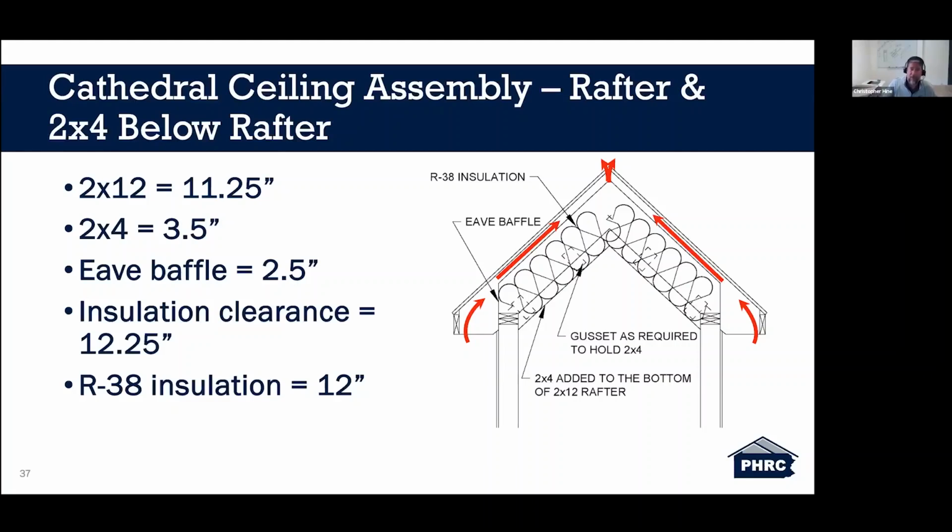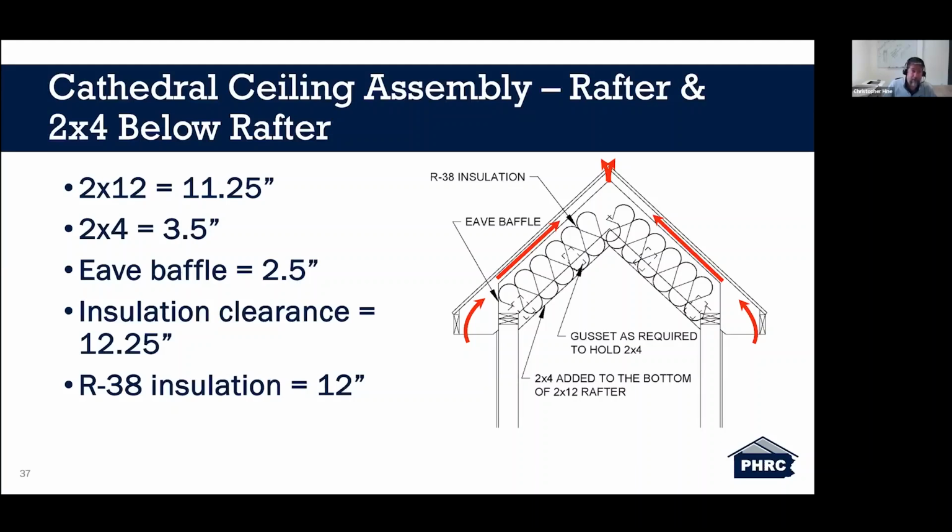But either way, what we have going on here is our 2x12 that's still 11 1/4 inches deep, and then we have an additional 3.5 inches provided by the 2x4, and an eave baffle of 2.5 inches. So now we're looking at the larger side of our eave baffle specifications.